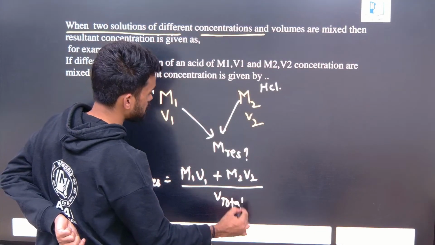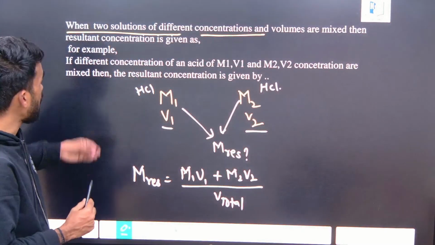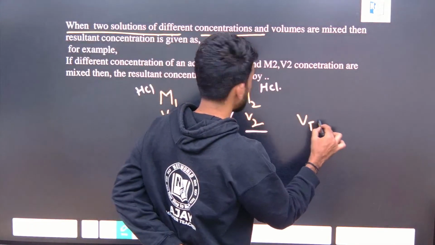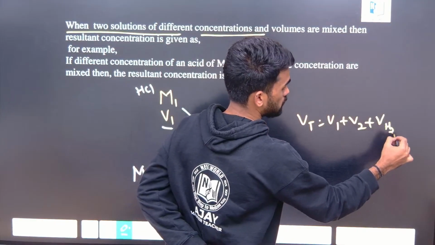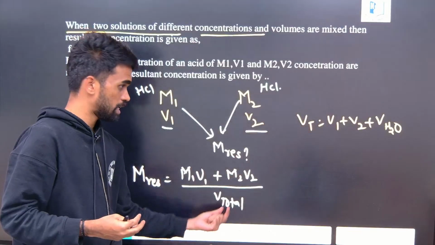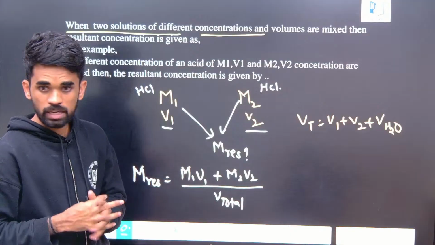V total is nothing but V1 plus V2. Not only that, if I add some amount of water, V total becomes V1 plus V2 plus V water, whatever amount of water you added. Take it in the denominator, and you will get your answer. Is that clear or not?